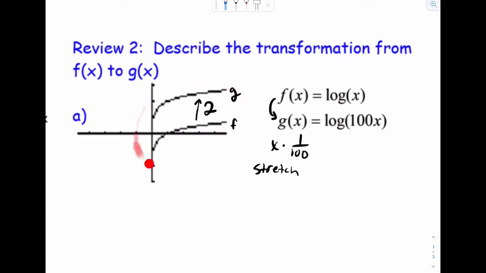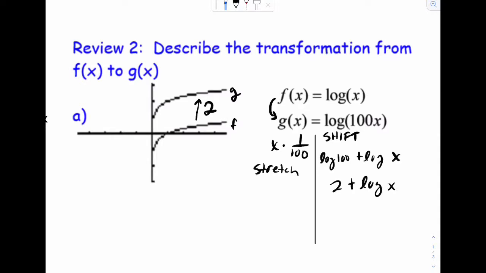But we can clearly see there's a shift going on. So what happened? What we can actually do is describe this using a shift rather than a stretch. We're going to take g and think of it as log 100 plus log of x, and this is going to be 2 plus log x, which explains why it went up 2.